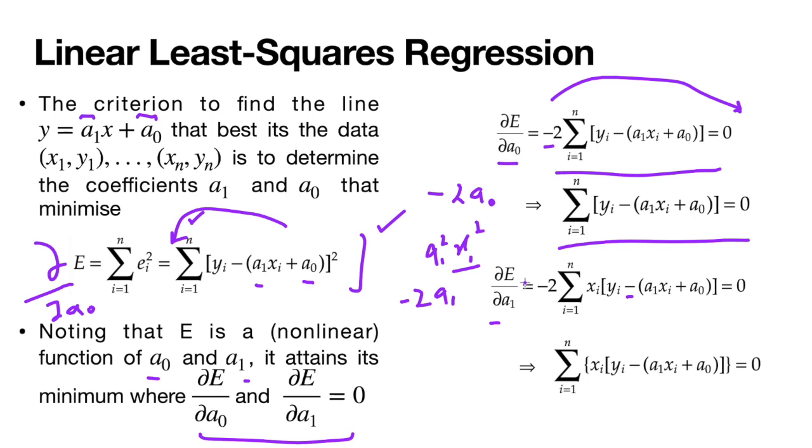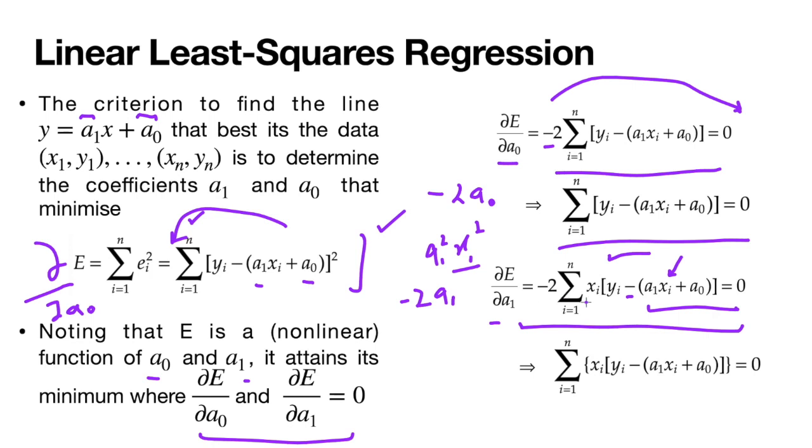So this minus 2 can come outside. In order to keep the same format, we have xi here, and we can take it out also. You can solve this partial derivative by yourself.